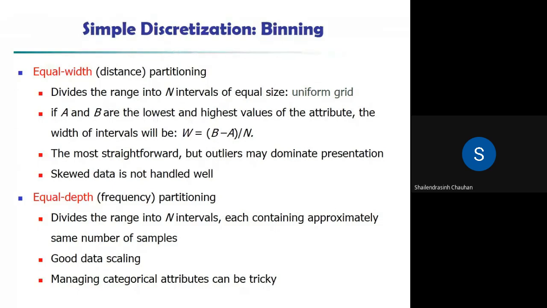If you have categorical attributes, like let us say attribute values are in the range 5 to 10, then 11 to 15, then you cannot use this method, because it is difficult to find the mean, it is difficult to find the median and all this. So for categorical data, this method is not suitable.